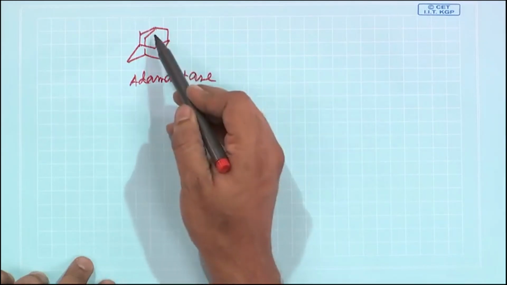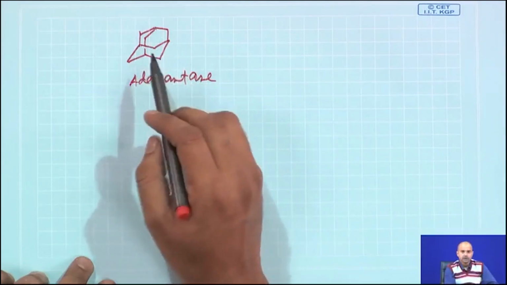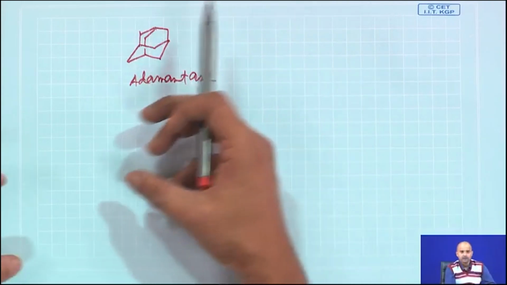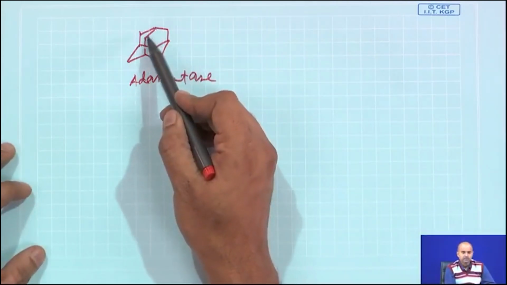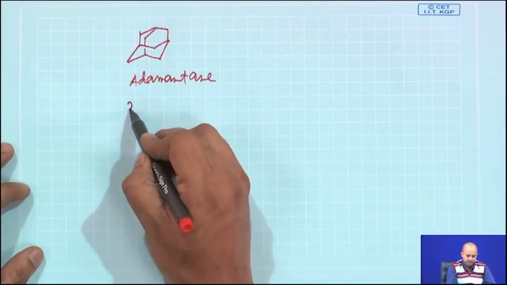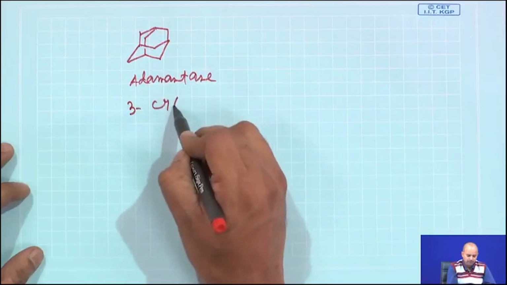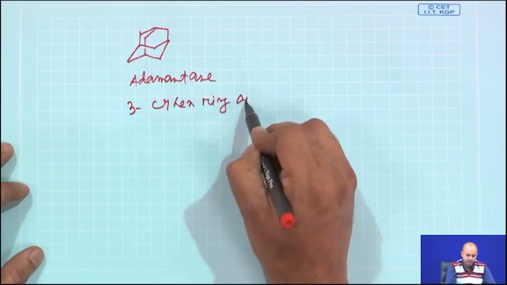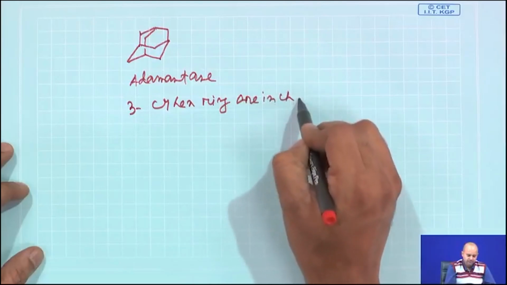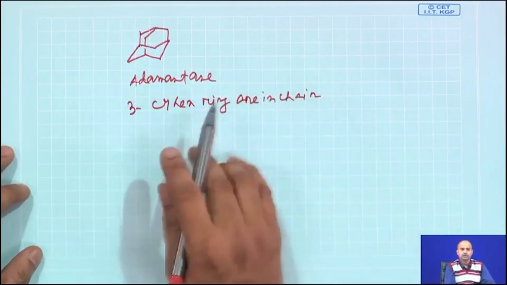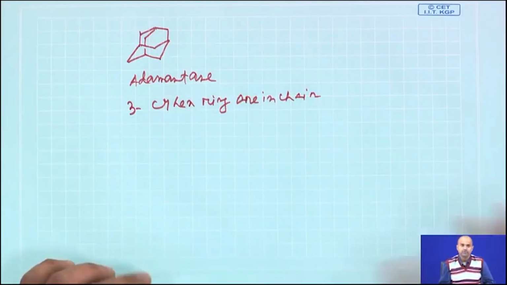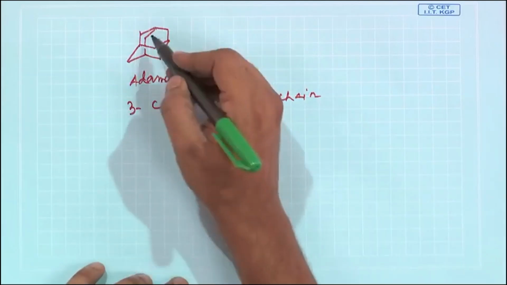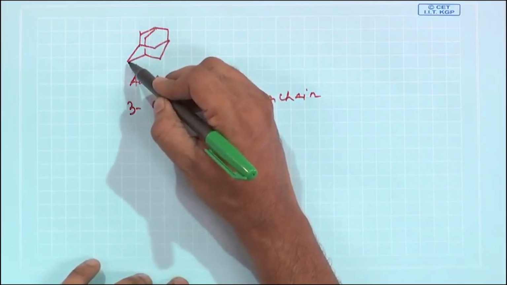It has three cyclohexane rings in a condensed fashion, and all three cyclohexane rings are in chair form. So, that gives a very nice structural network. Now, adamantane has a nice plane of symmetry.